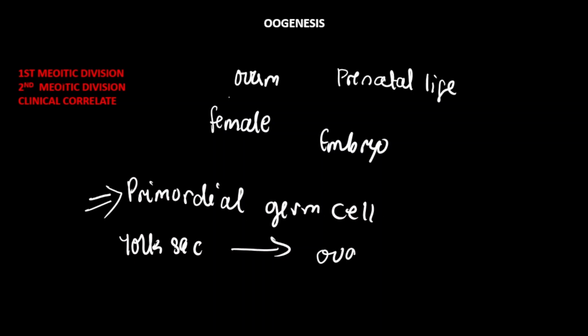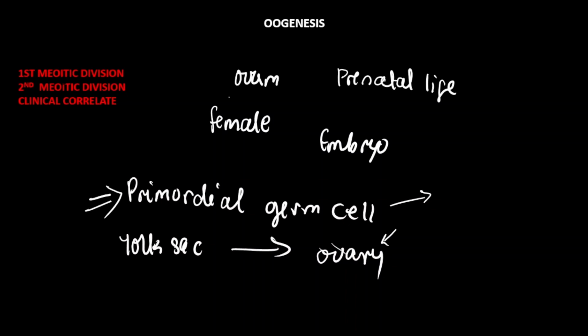So these primordial germ cells would have to migrate to the developing ovaries of the embryo, and in this case we're considering a female embryo. All of this is taking place in fetal or prenatal life. When the primordial germ cells get to the ovary, they differentiate.